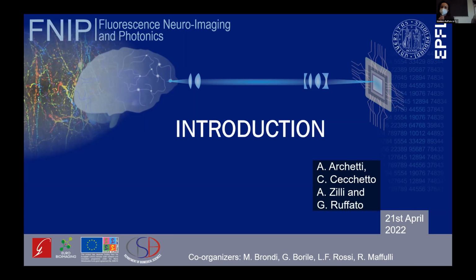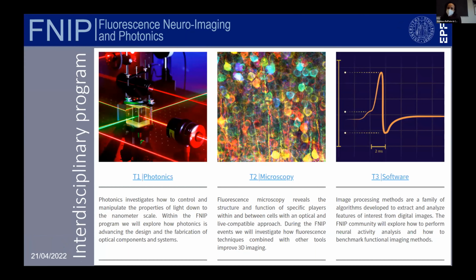I will introduce briefly today's seminar. This initiative is called FNIP, that's Fluorescence, Neuroimaging, and Photonics. It's an interdisciplinary program started by Anna Archetti in the University of Padua, and has three main topics.